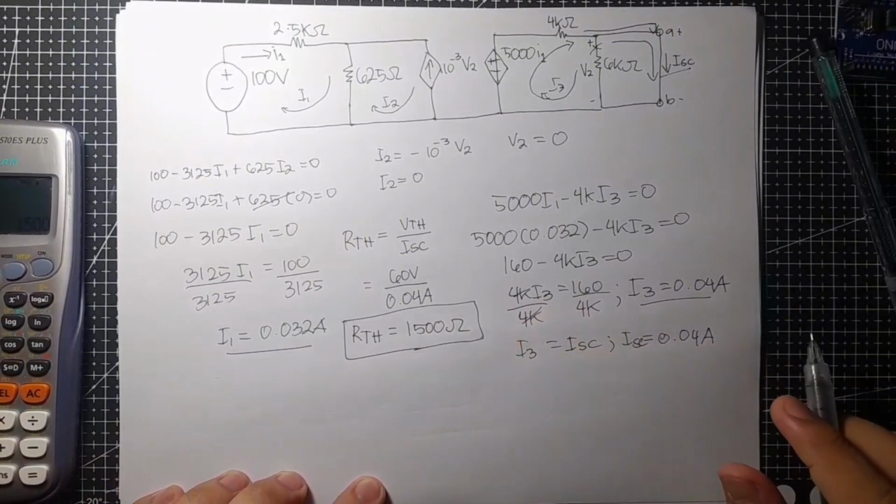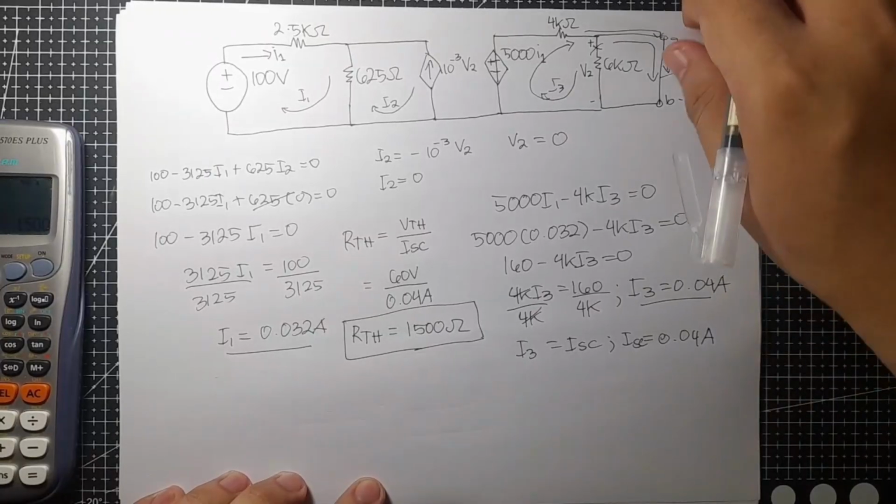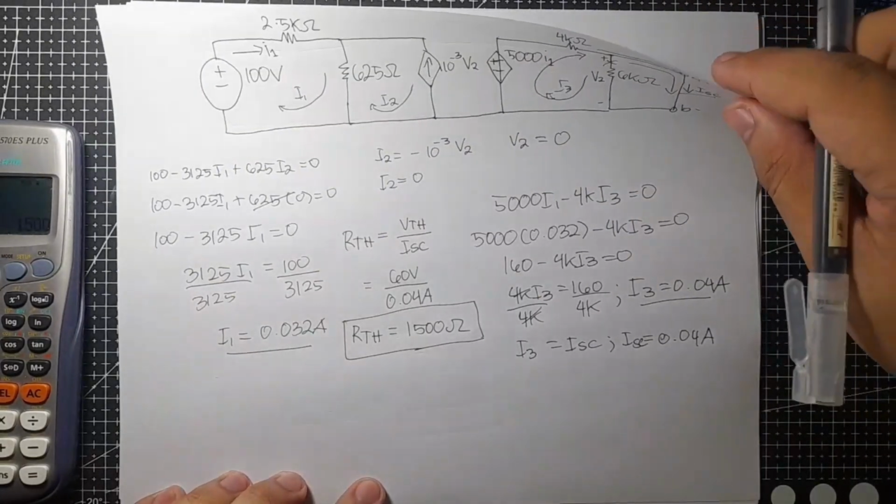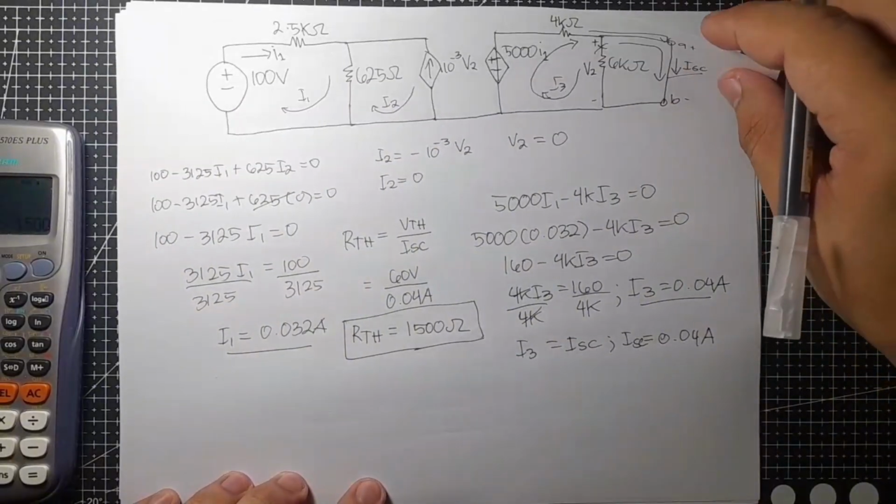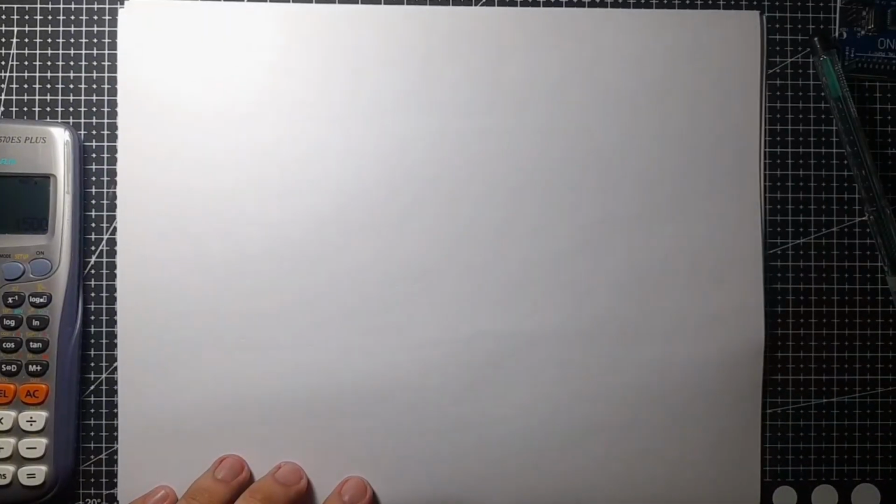So we will have now the VTH and RTH, which we need in order to make the Thevenin equivalent circuit.